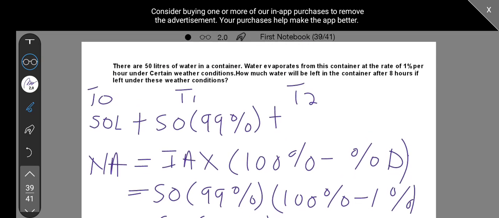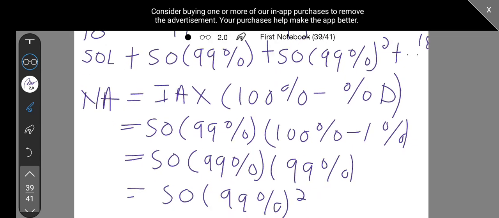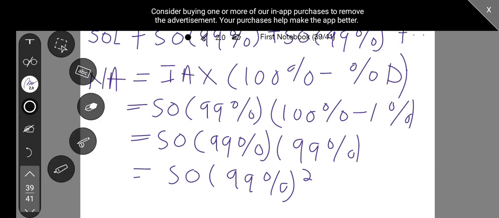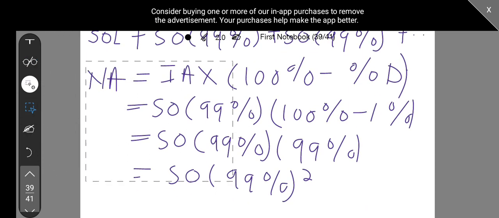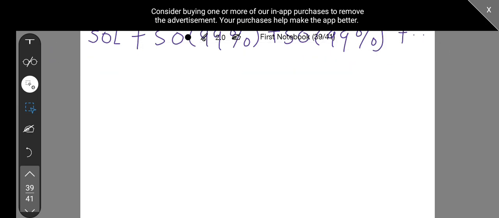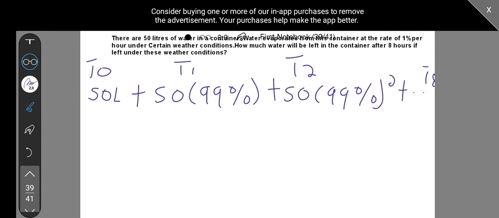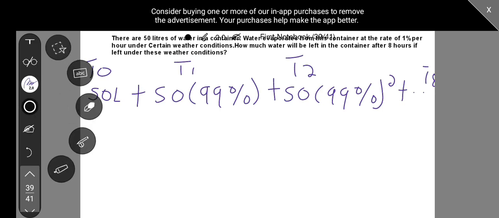So here we're going to have 50 multiplied by 99% squared, and they're going to add up until term number 8. That is our series; the series of evaporations.